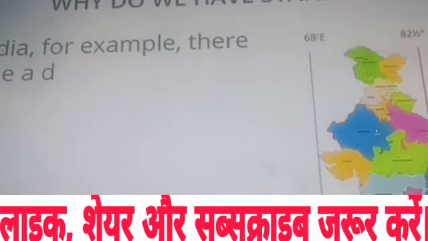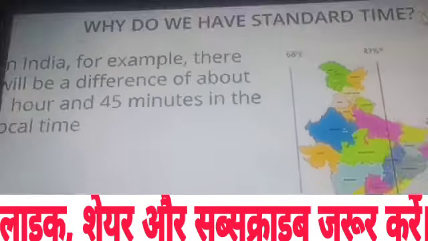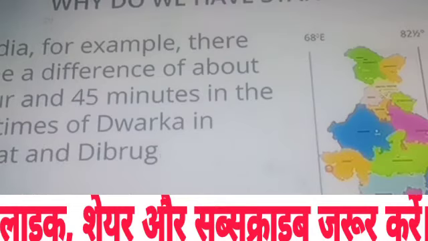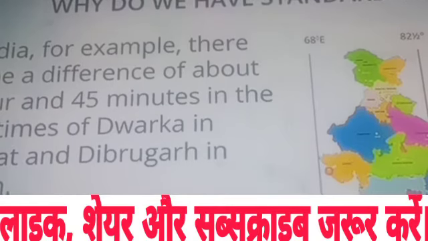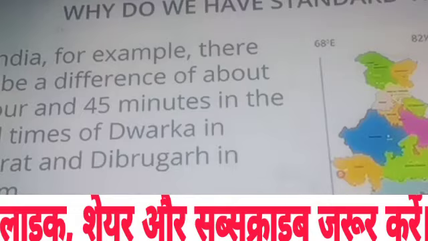In India, for example, there will be a difference of about 1 hour 45 minutes in the local time of Dwarka in Gujarat and Dibrugarh in Assam. It is therefore necessary to adopt the local time of some central meridian of a country as the standard time for the country.